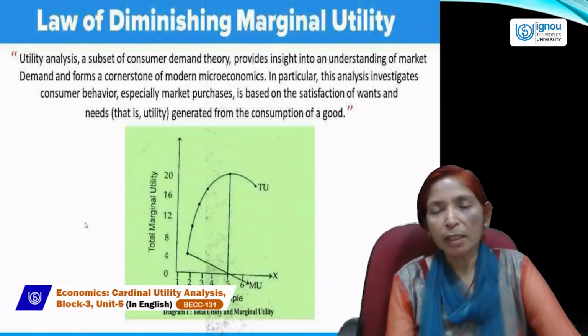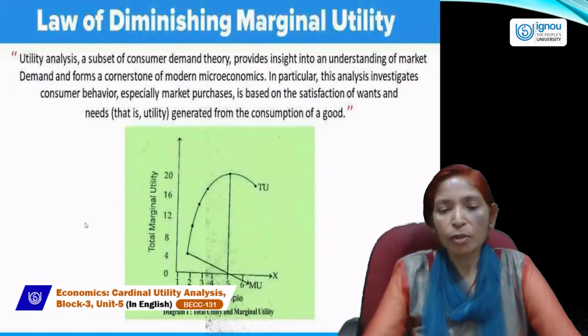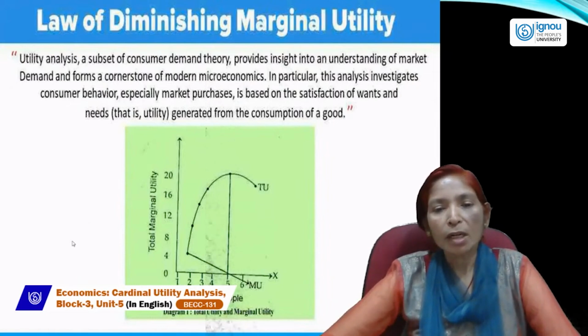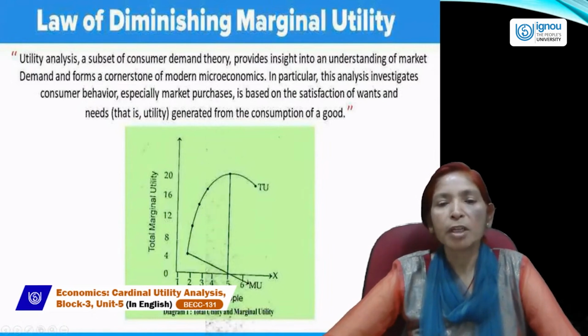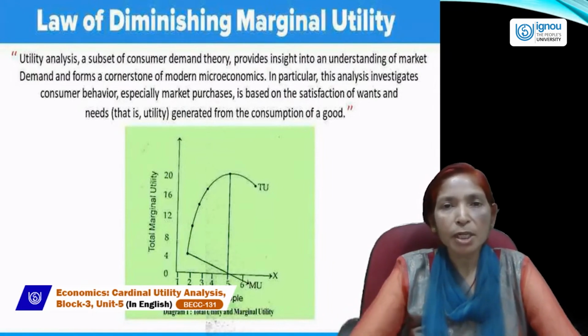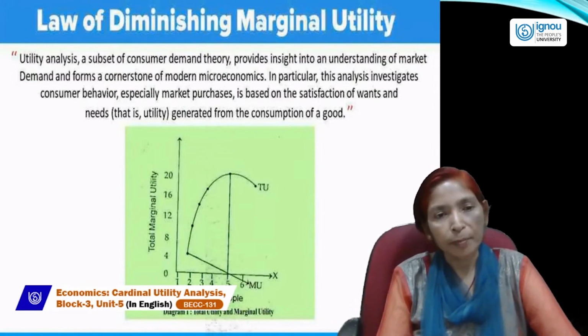If total utility increases at a diminishing rate, MU starts falling, then when TU is maximum, MU will be 0. When TU starts falling, MU will be negative. So marginal utility always diminishes. That's why the cardinal utility approach is based on the law of diminishing marginal utility.